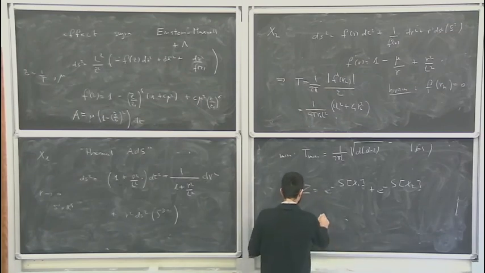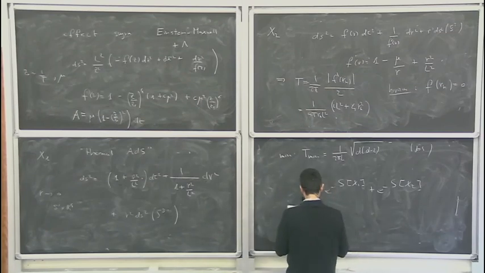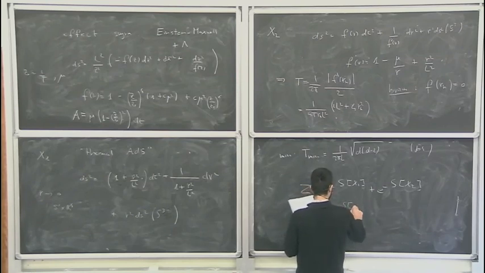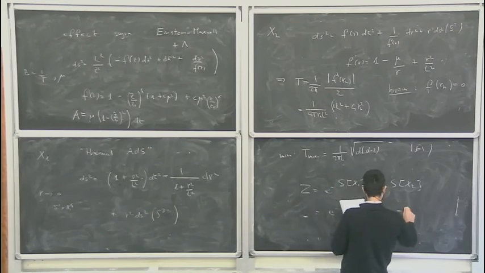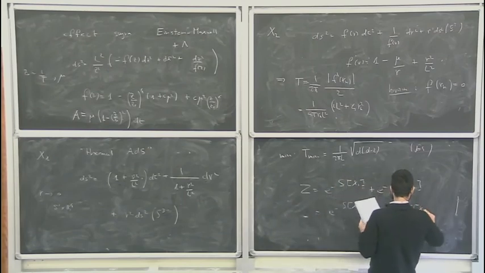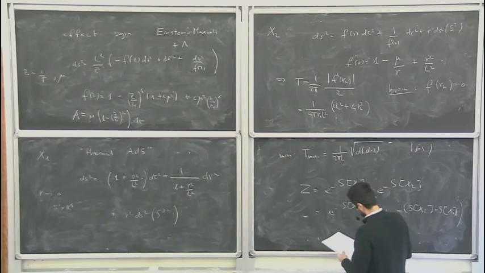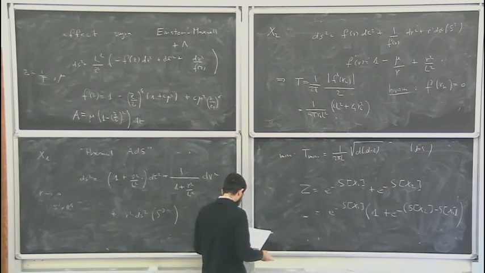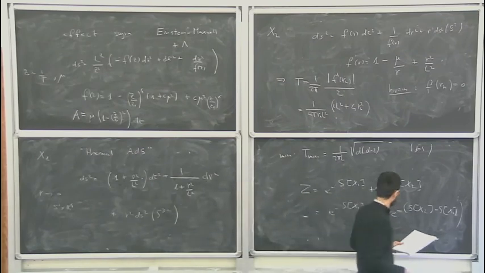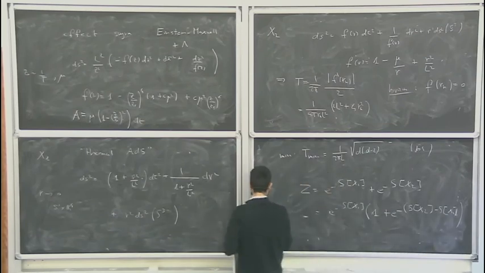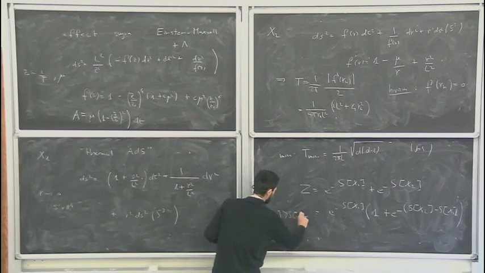It becomes clear what you really have to do by taking out one of the two in a factor and writing this 1 plus e to the minus S of x2 minus S of x1. Then suppose that S of x2 is larger than S of x1.